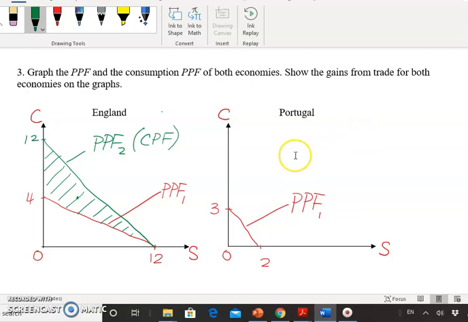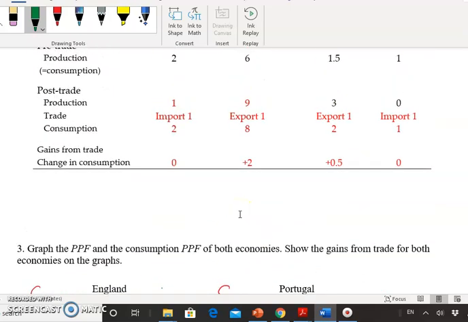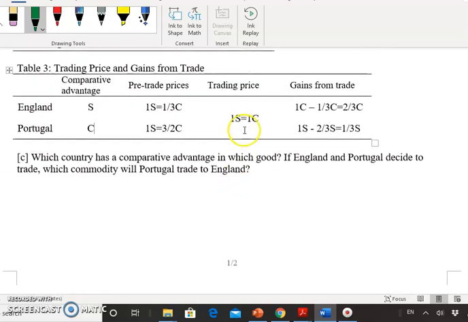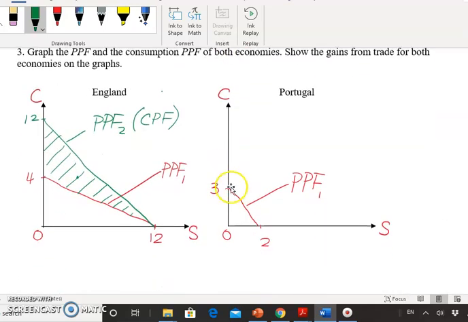If Portugal already produced 3 corns, it brings the corns to the global market. They find that each corn can exchange for 1 sweater, right? So the maximum amount of sweaters it will be able to get is 3. So here on the vertical axis, this point is achievable.